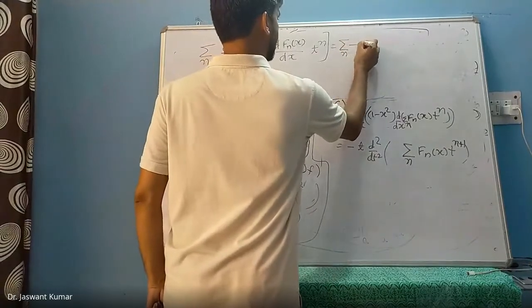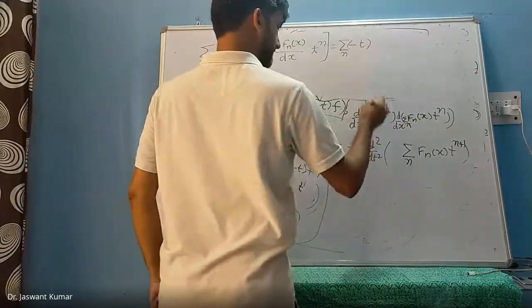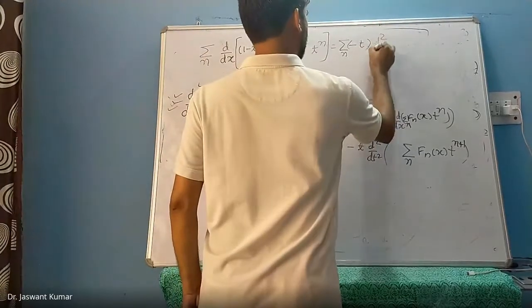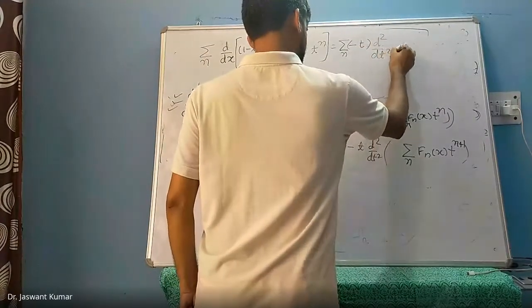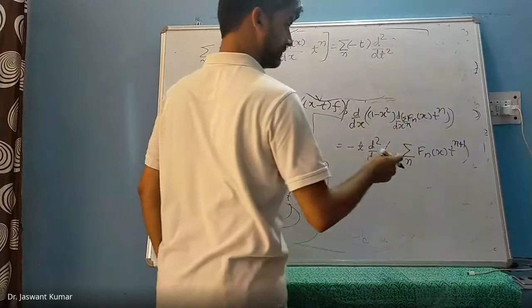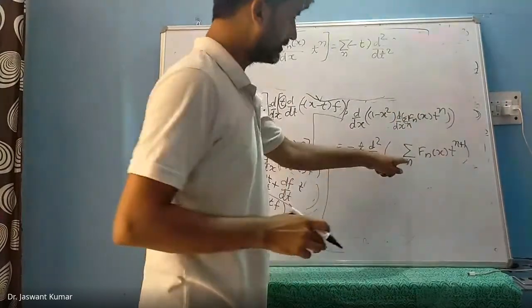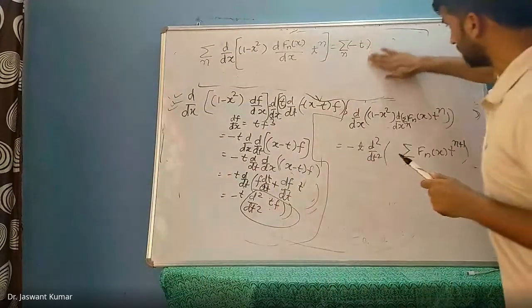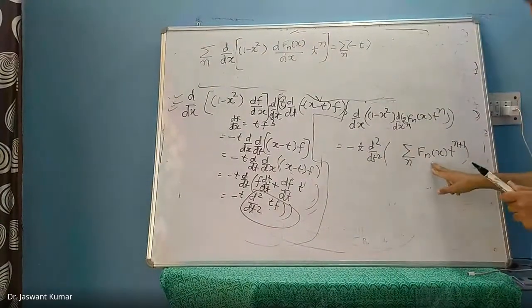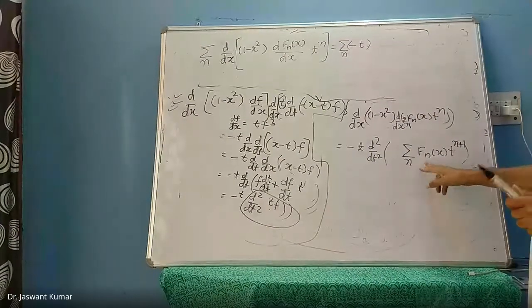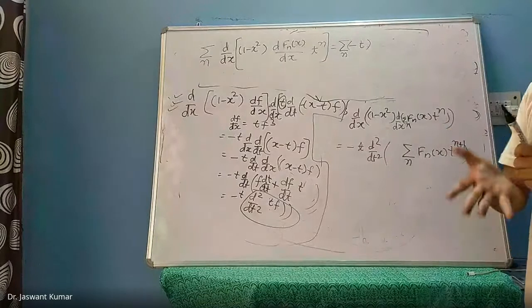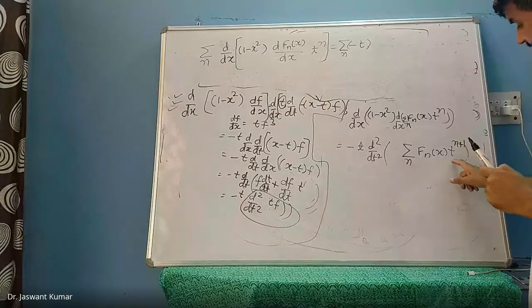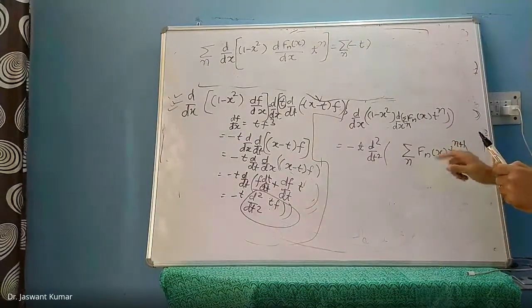minus t times d2 by dt2 of... see, this d2 by dt2 will not act on f_n(x), because f_n(x) does not contain any t inside it. All the t dependence has gone into this t to the power n term.